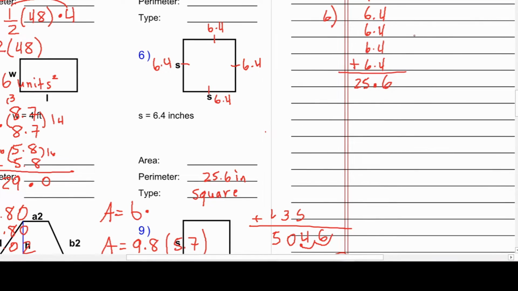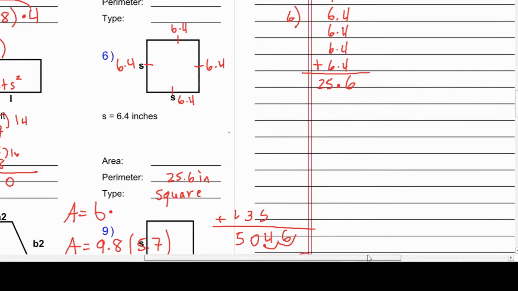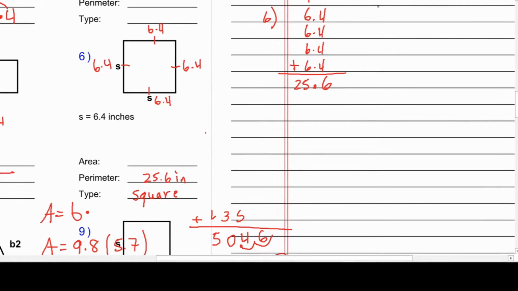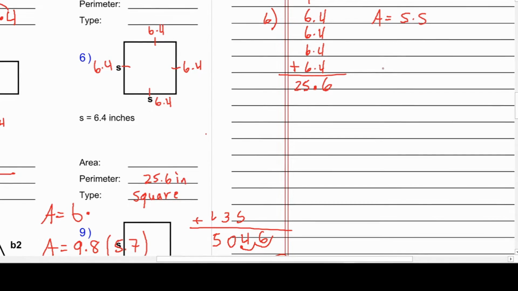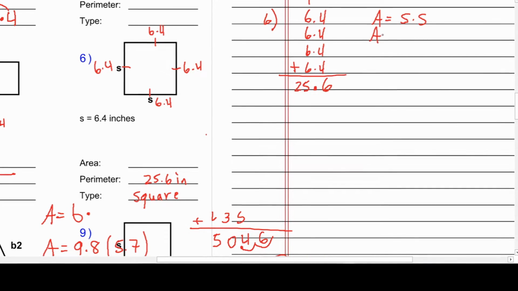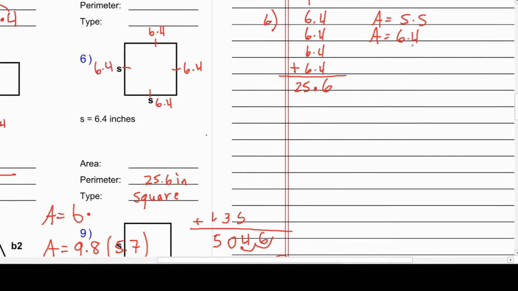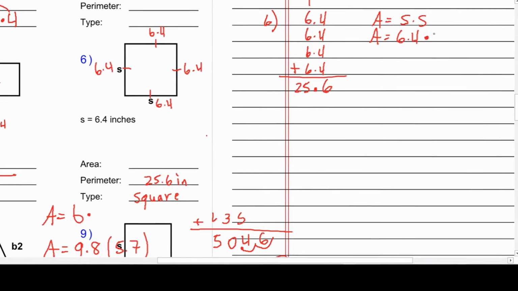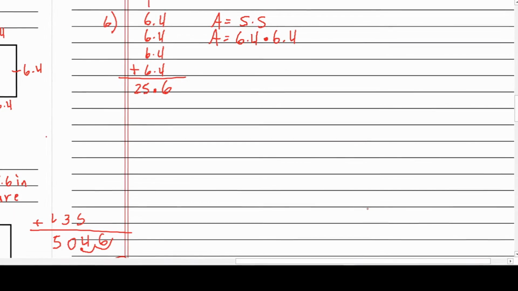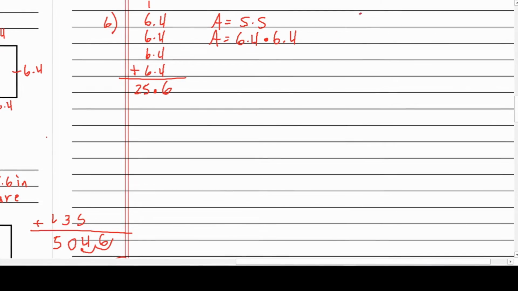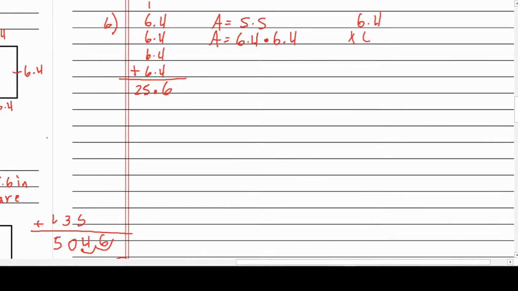To find the area of a square, as many of you know, it's either side squared or side times side. I like to use side times side. So this is going to be 6.4 times 6.4. And again, we're doing 6.4 times 6.4.